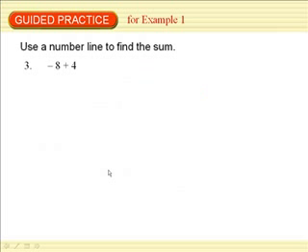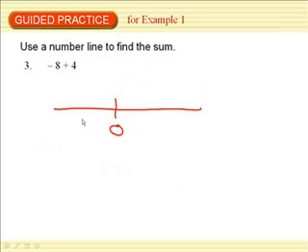Use the number line to find the sum again. So -8 plus 4. Let's number by 4s. -4, -8. So we're going to go over to -8 first, then to the right back 4. So the answer would be -4.